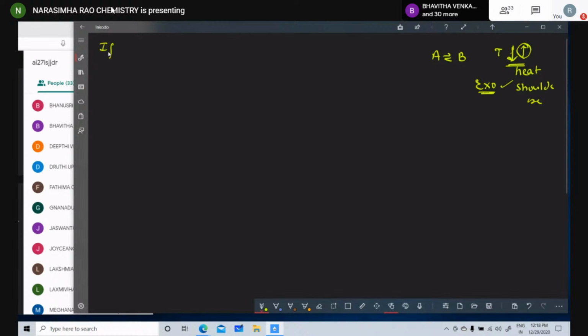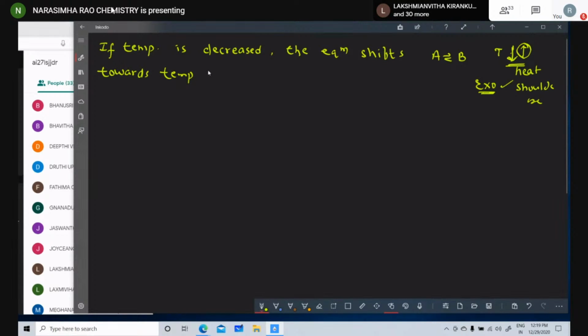If temperature is decreased, the equilibrium shifts towards the temperature increase, that is heat should be released, that is exothermic reaction.